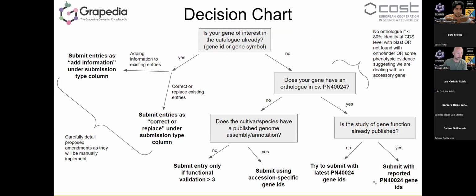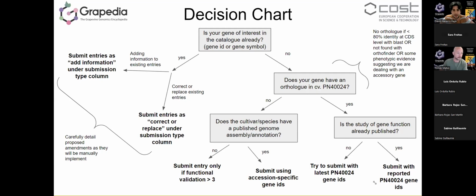Of course, the catalog is only showing the gene IDs of the current version. So if you need to find a conversion yourself, you can go to the VT's visualization platform that will keep the conversions, or Grapedia soon enough, and you will be able to check for sure that your gene ID is missing from the catalog.